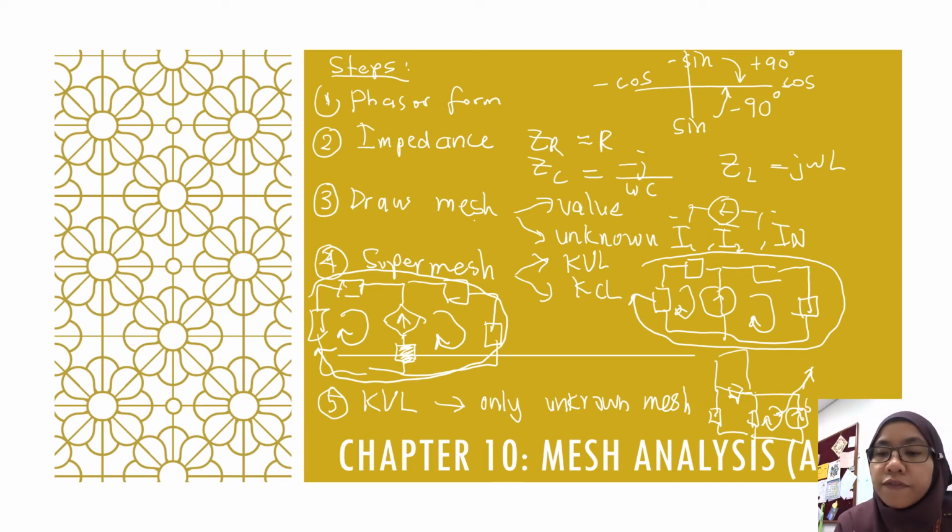Let's say this is 5 amps, then the I here is equal to 5 amps. So you don't need to build up KVL around this loop. No need, okay? No need. Alright, and then you just build up KVL around this loop and also this loop, number 1 and number 2 here.